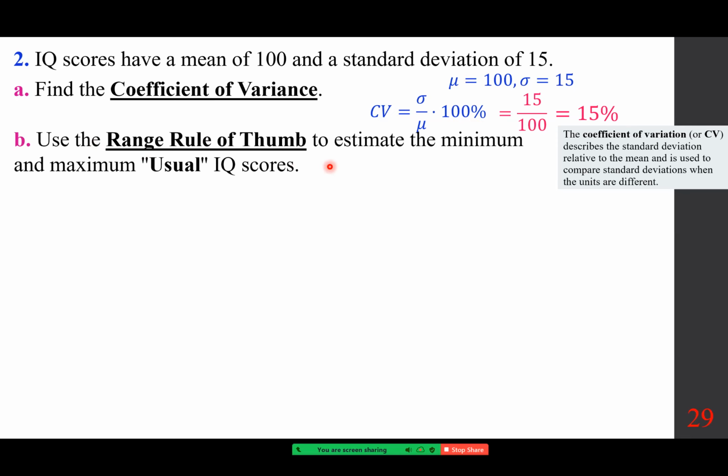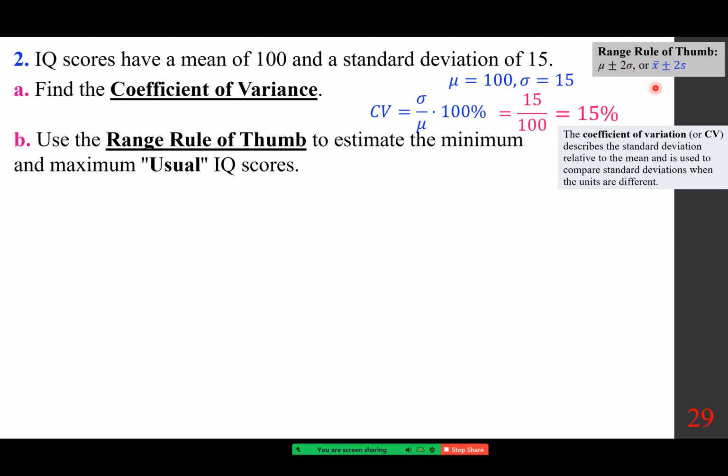Use the range rule of thumb to estimate the minimum and maximum usual IQ scores. What is the range rule of thumb? Mu plus minus 2 sigma, or x bar plus minus 2s.